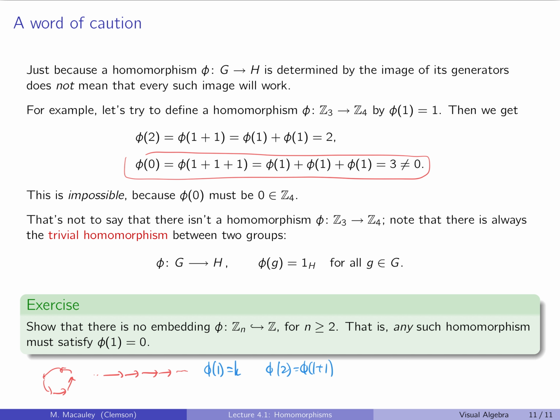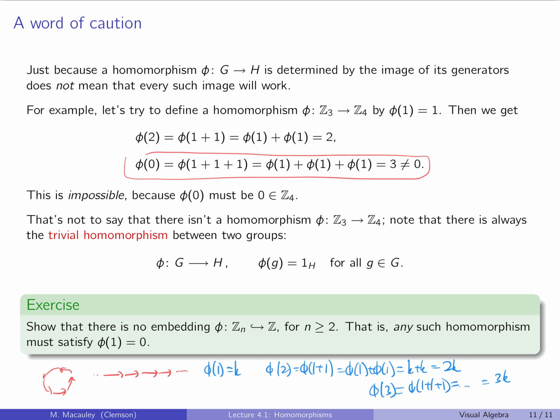We want to show that k has to be equal to 0. So phi of 2 is phi of 1 plus 1, which is phi of 1 plus phi of 1, which is k plus k, which is equal to 2k. Then we keep going. So phi of 3 equals phi of 1 plus 1 plus 1, and so on, and we get 3k.